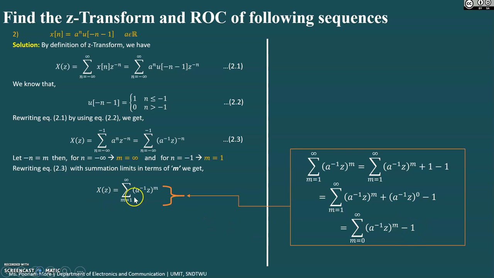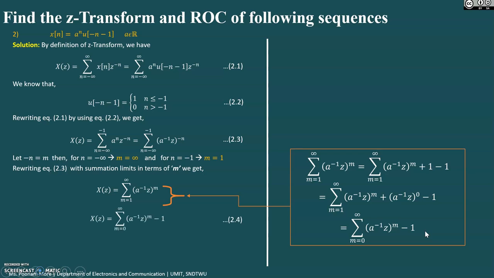So this complete summation we can represent as the summation of a inverse into z raised to m, where m will take the value from 0 to infinity, minus 1.